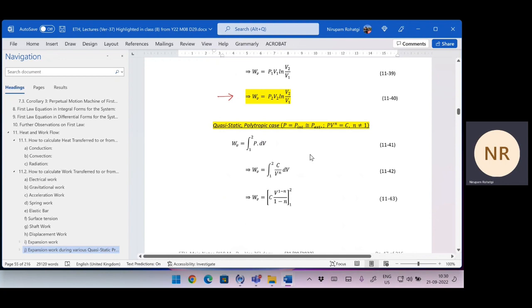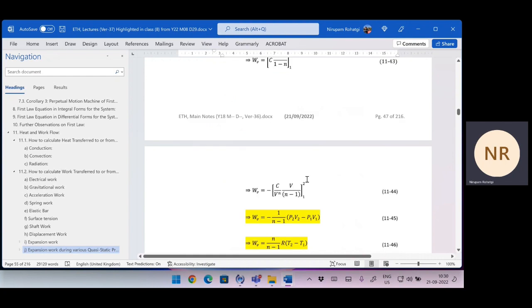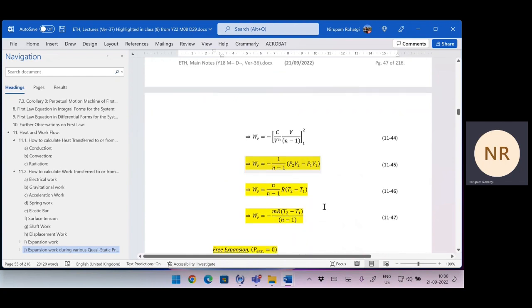Then if you talk about a polytropic process, again our P external is the same as P internal, and PV raised to power n is constant, where n is not equal to 1, because if n equals 1, it is an isothermal case we have already considered. If n is not equal to 1, you can integrate it and you will get these relations. There are three relations like this. They come from each other. There is nothing special about it.